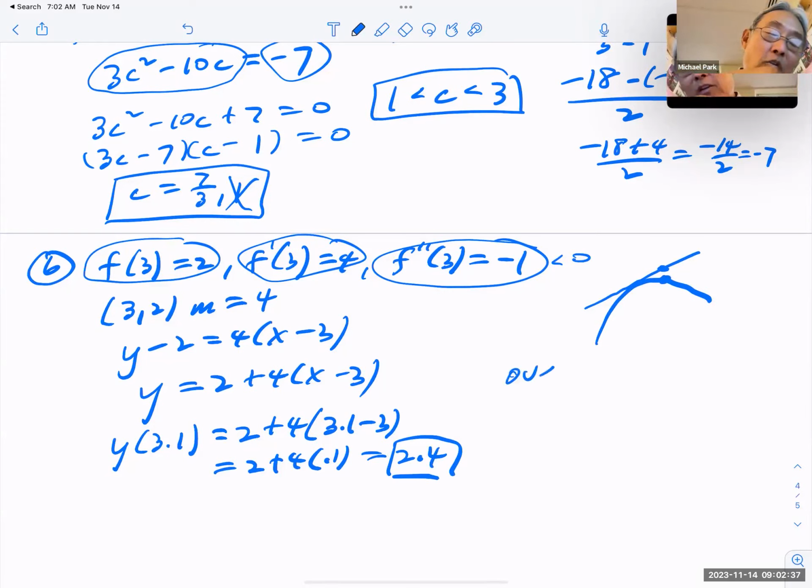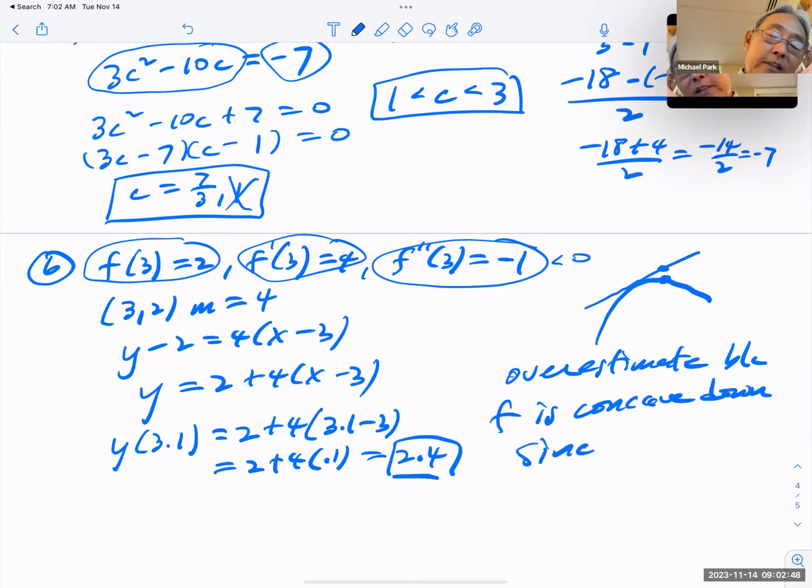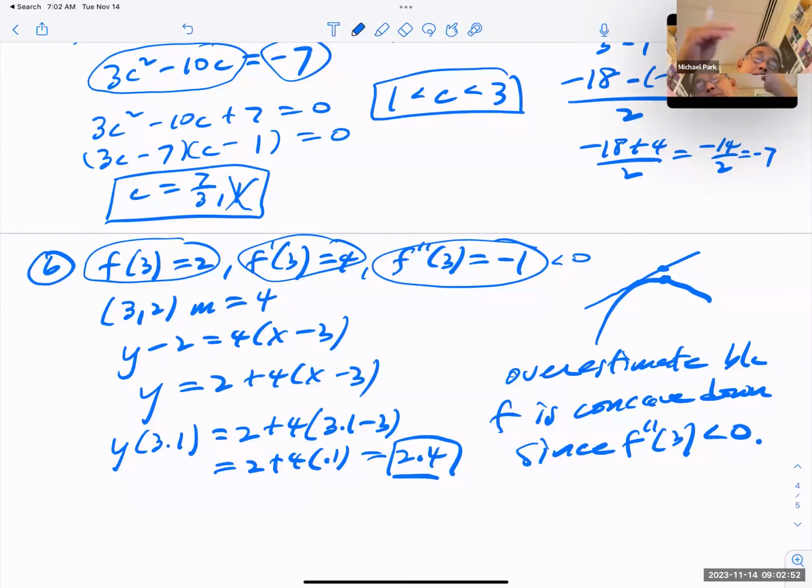So this is an overestimate because f is concave down since f double prime of 3 is negative. Bam. Full credit.